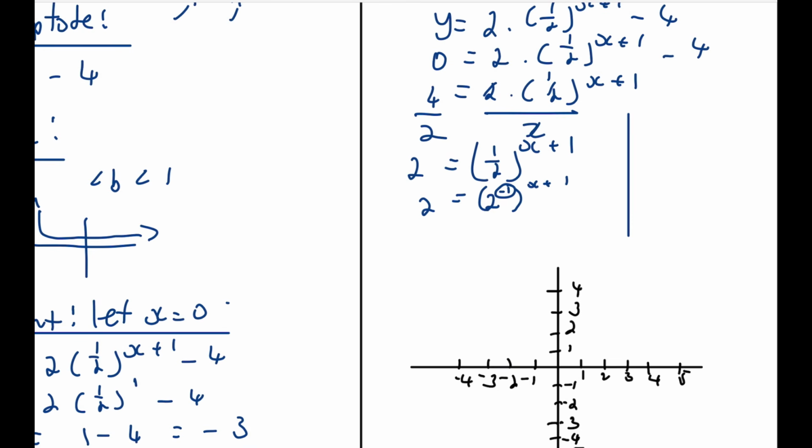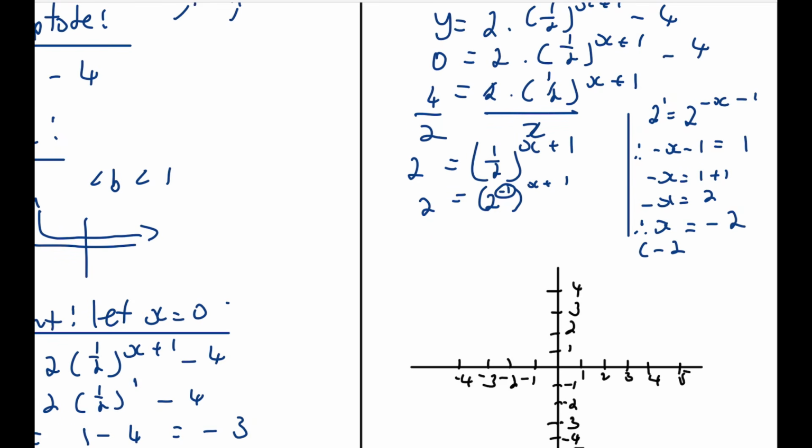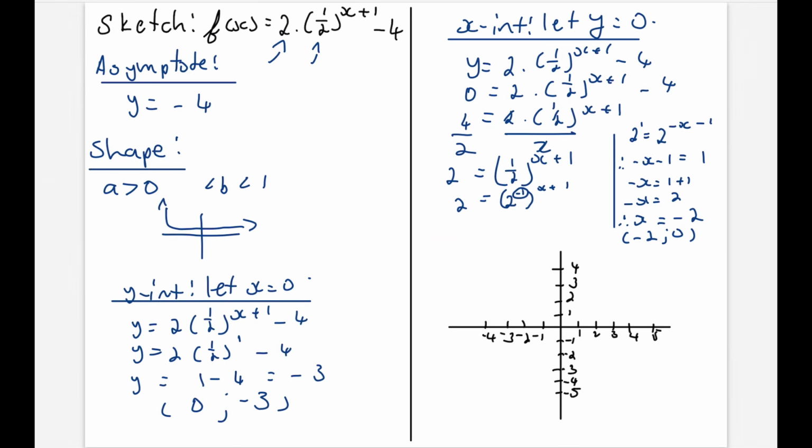Which means I can end up with 2 is equal to 2 to the power of negative x minus 1. So if 2 to the 1 is equal to 2 to the negative x minus 1, that means negative x minus 1 is equal to 1. We can drop the bases. So negative x is equal to 1 plus 1. Negative x is equal to 2. And so x is therefore equal to minus 2. And so our x-intercept is at minus 2 and 0.